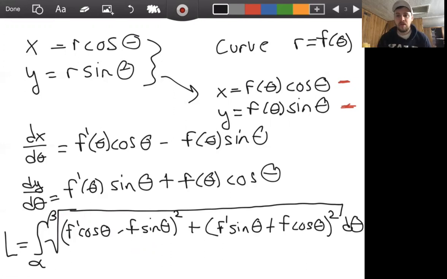what we started with. So let's see if we can expand these squares here and simplify. So I'm going to copy this down very quickly. Alpha to beta, square root.